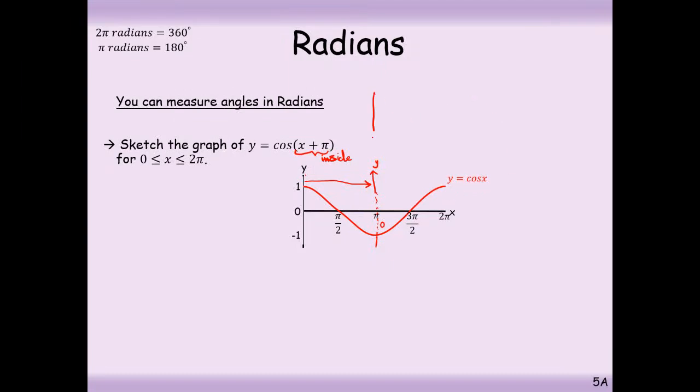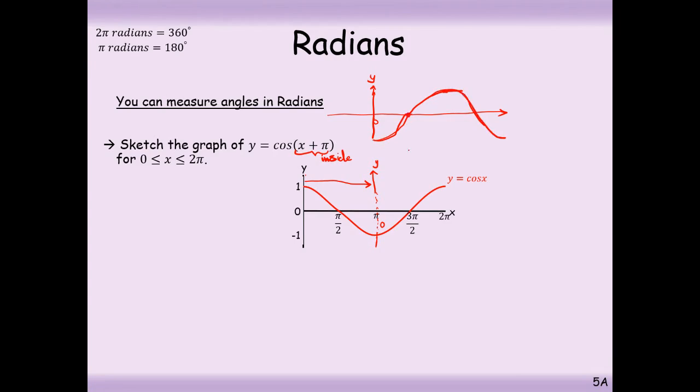If I redraw that graph, the zero angle will be here now, and the curve will look something like that. My drawing isn't perfect, obviously, but you should be able to understand that the cos curve will remain the same.